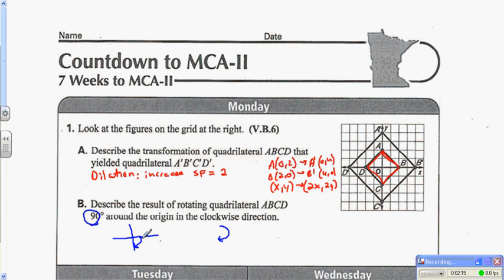A full circle is 360, a half circle is 180, so 90 would take it from basically one axis to another. And if we did that, it would look the same. So the description would be that it would look the same as ABCD.